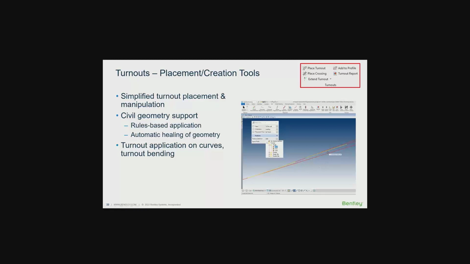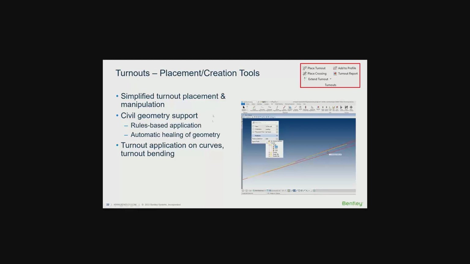Okay, so turnouts are more or less one of those tools in OpenRail Designer that can be used to create simple turnouts. There are placement and turnout creation tools. And the latest version, which is the OpenRail Designer 2021 release one, there's also release two that has just been released early this year.